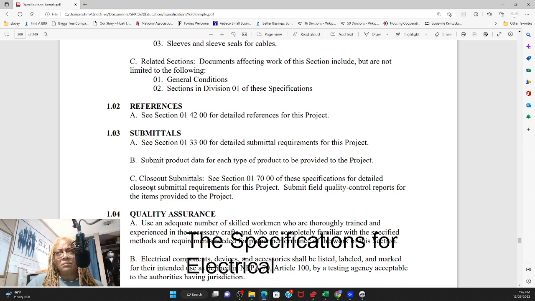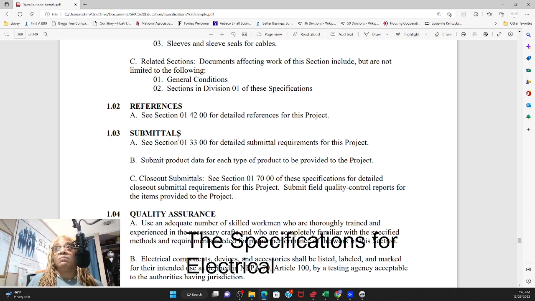And the difference between the professional estimator electrician and the one that is not is that the professional is always going to look at these specifications first, then look at the set of construction documents, because there are submittals I need to give the architect and the engineer. If I just went to the plans and never looked at the specifications, I would be out of the game already, because I'm not doing due diligence when it comes to submitting an estimate, right?